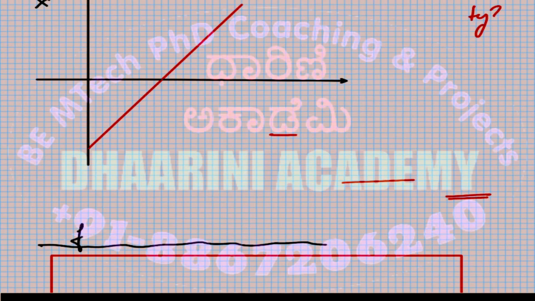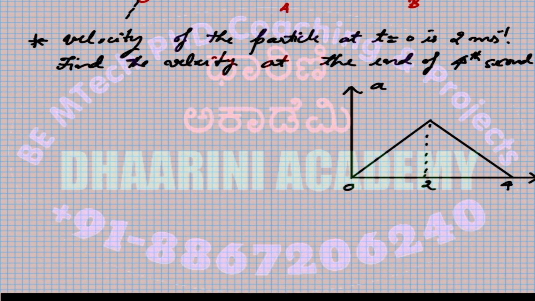Okay, so now it's very clear from this. If you want to calculate the velocity, then I am supposed to perform the integral dv. So the solution is integral dv equal to integral a dt.